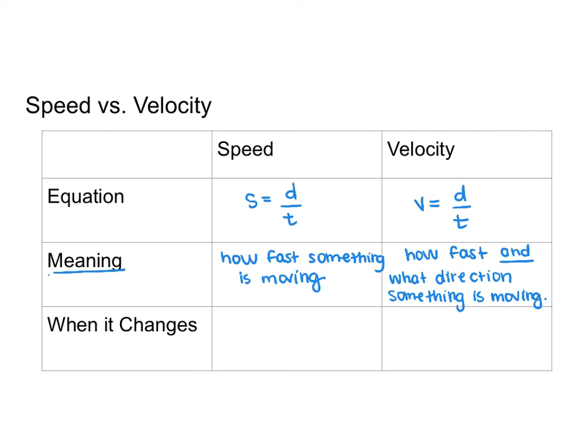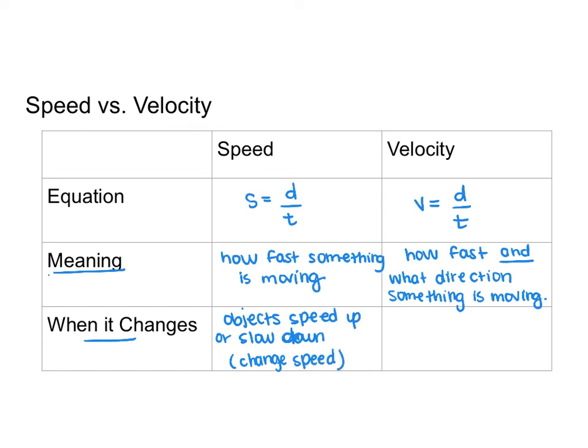Okay, and then finally, when it changes. If we're just looking at how fast something's moving, it changes when an object speeds up or slows down. So another way to say that is, when they change speed.